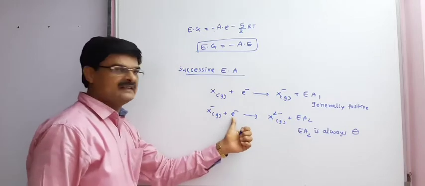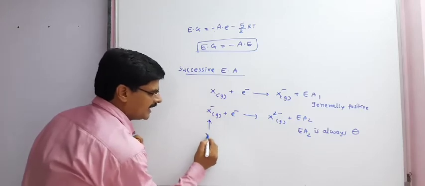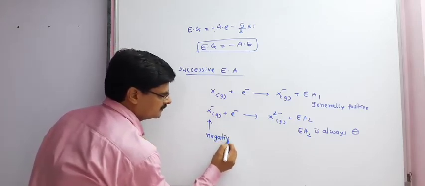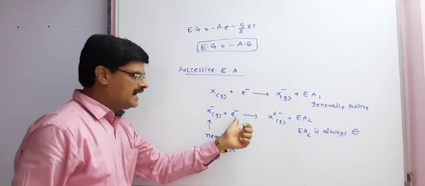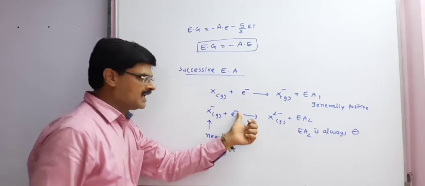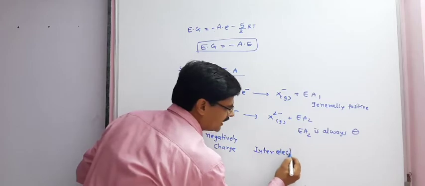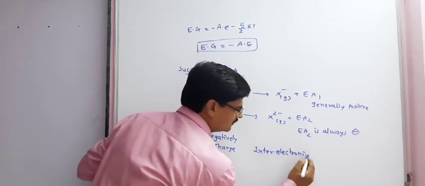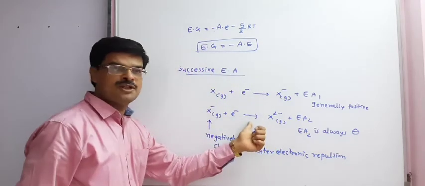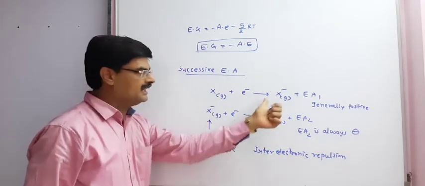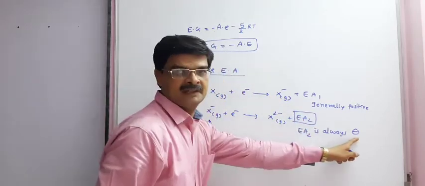Because when we add a second electron, X minus is already negatively charged, and the added electron is also negatively charged. So because of inter-electronic repulsion, energy has to be given to add a second electron to X minus, and that is why EA2 is always negative.